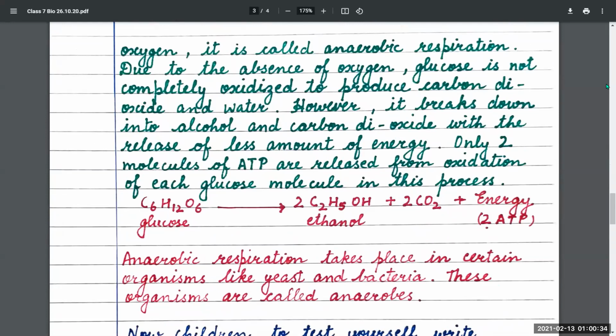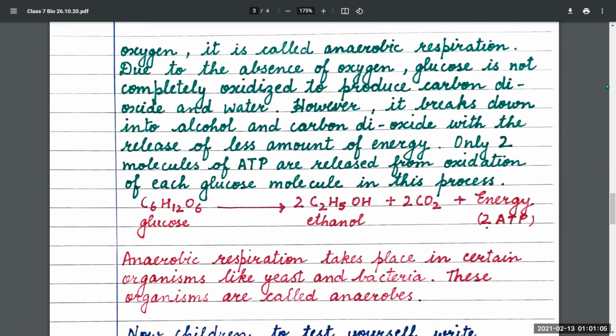Due to the absence of oxygen, glucose is not completely oxidized to produce carbon dioxide and water. However, it breaks down into alcohol and carbon dioxide with the release of less amount of energy.